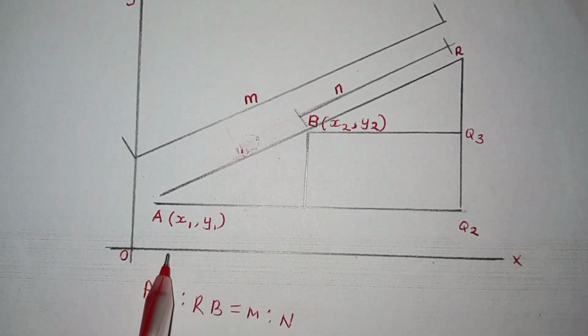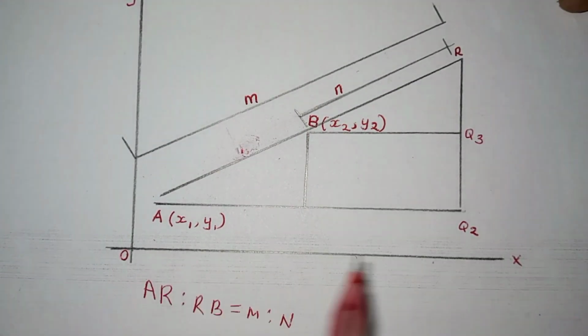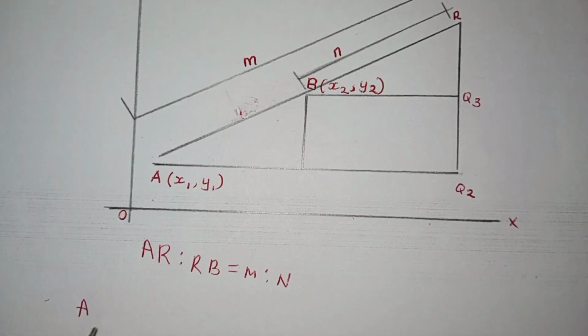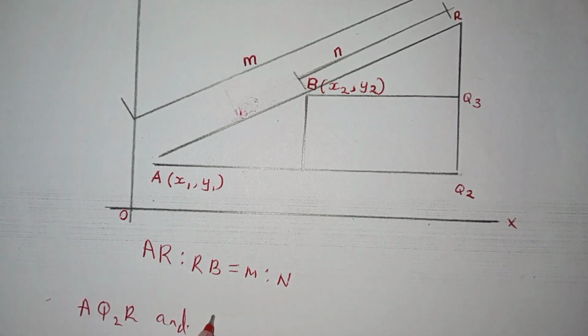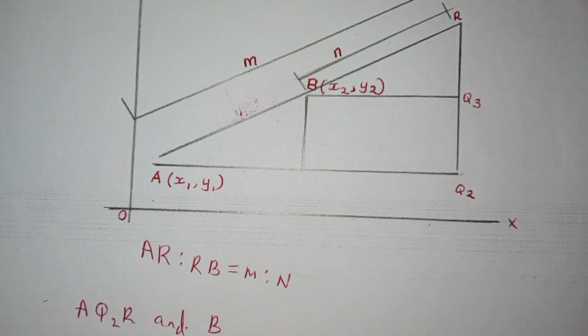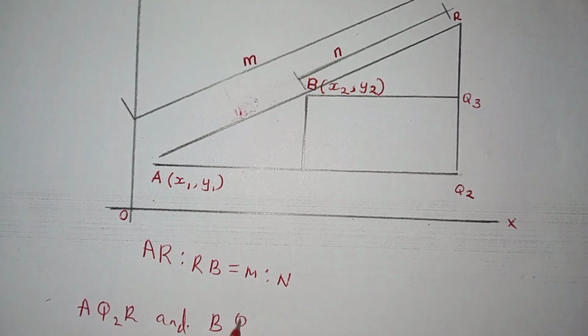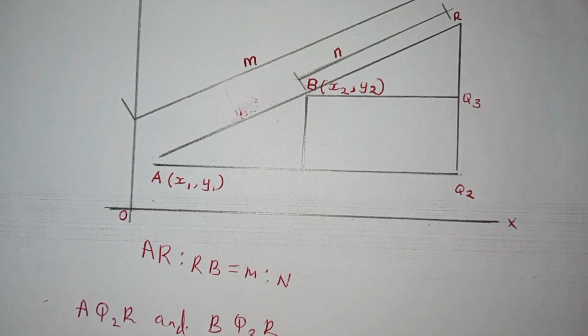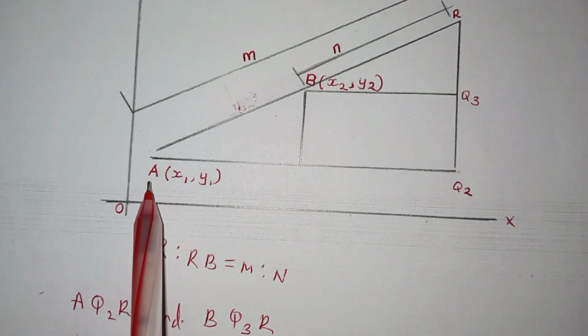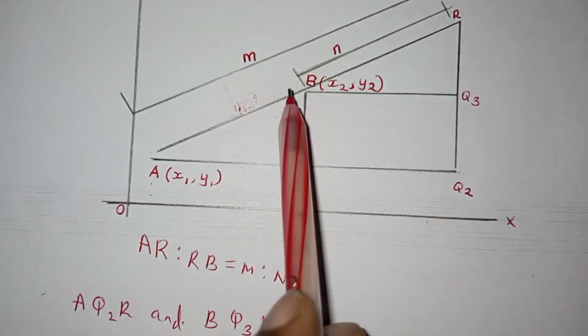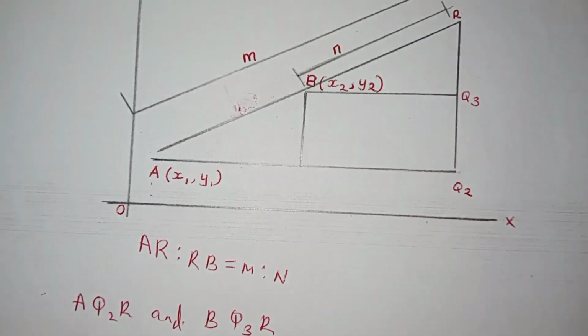From this diagram, triangles AQ2R and BQ3R are similar triangles.